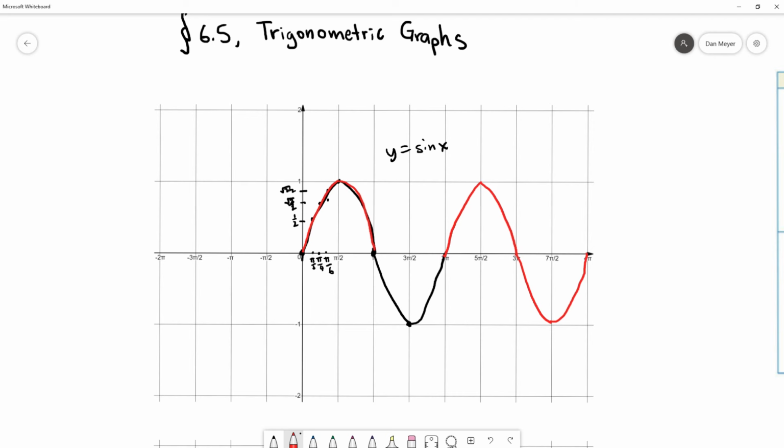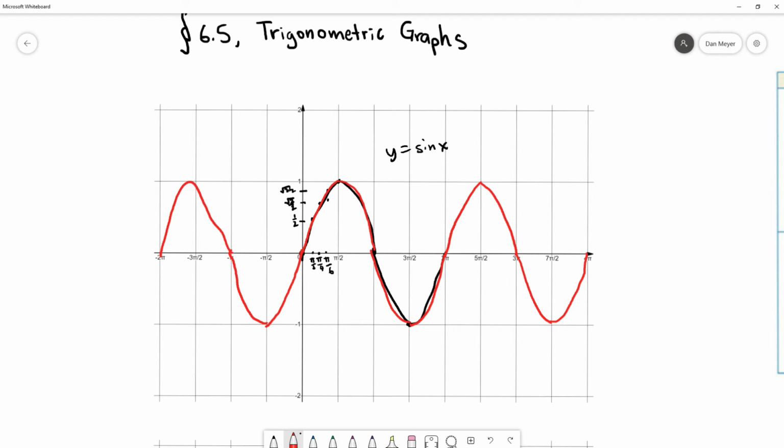All right, going back the other way, this part of the graph here is going to get repeated back here if I subtract 2 pi, and this part of the graph here is going to get repeated right here. And the last 2 pi interval, that was disgusting, but that's our graph of y equals sine of x.